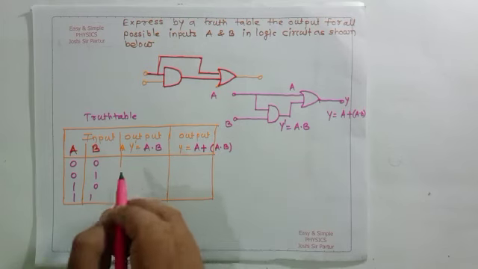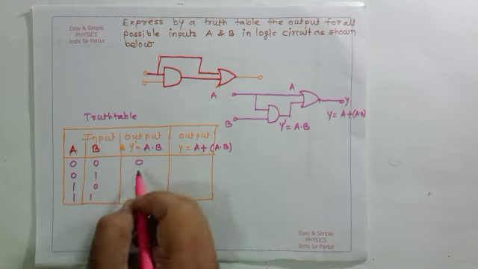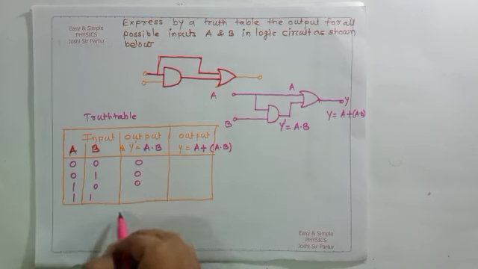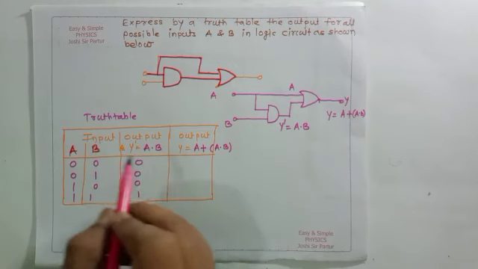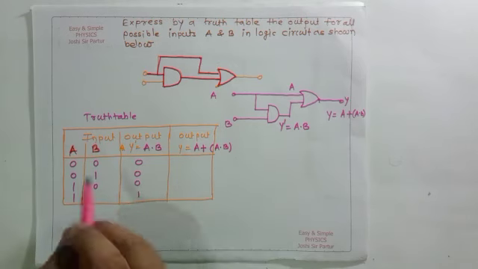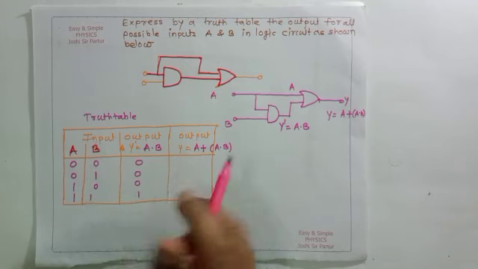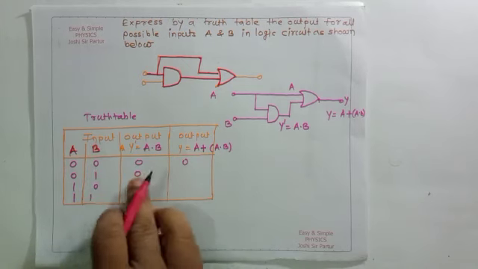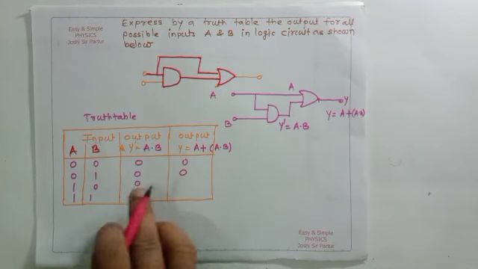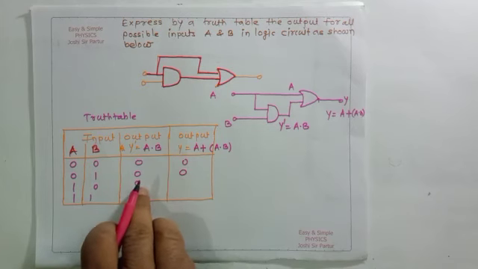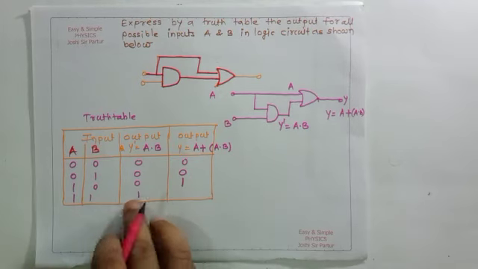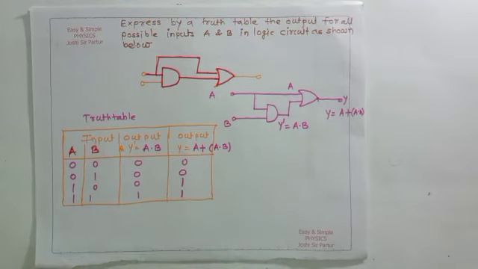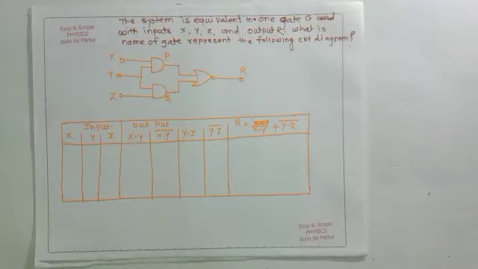See here, A and B will be low, low, low, high. But A or (A and B) will be low, low, high, high. So this will be the truth table for the given circuit.